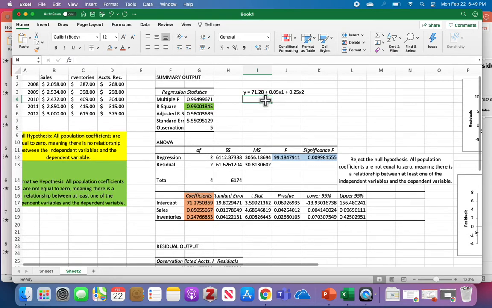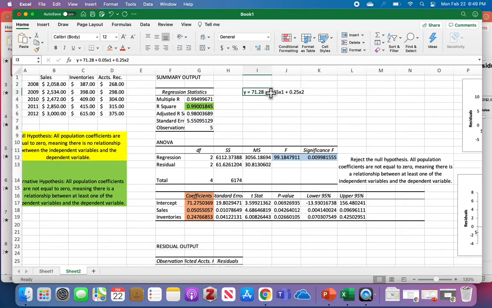So that is our model. That means if we substitute a sales and inventories value, we should be able to predict our accounts receivable.